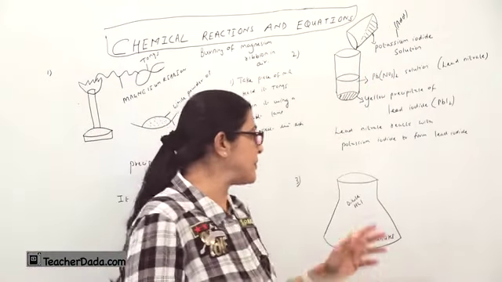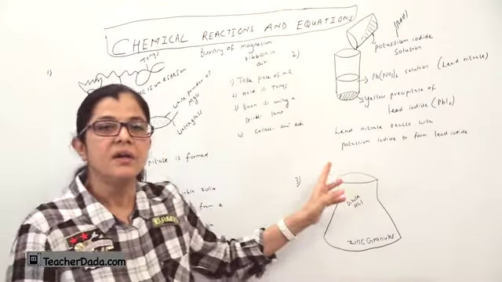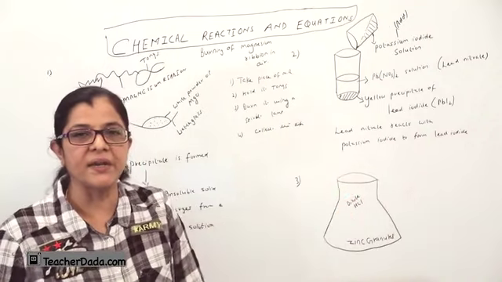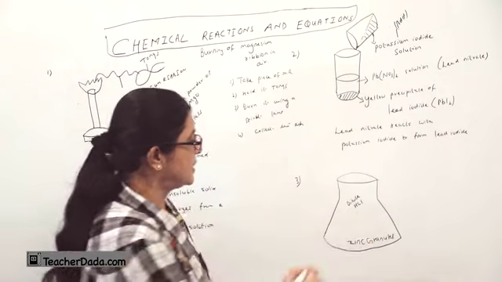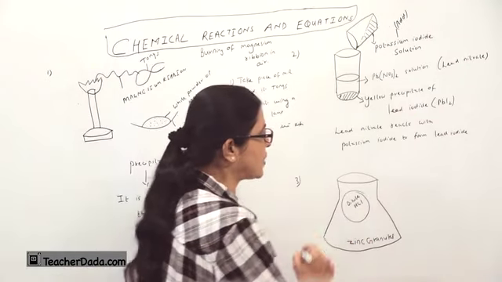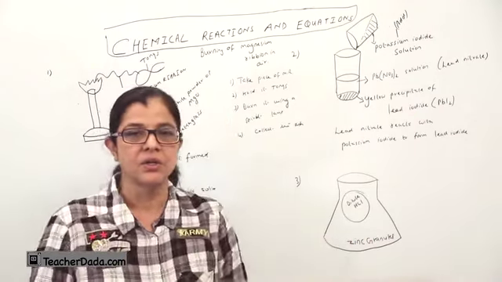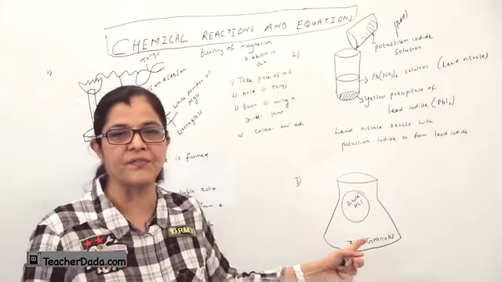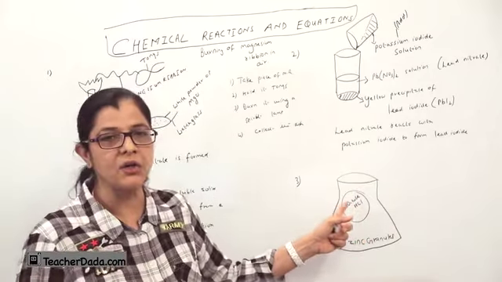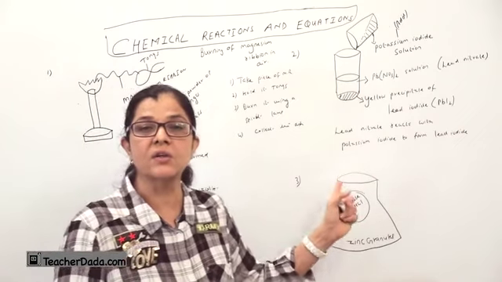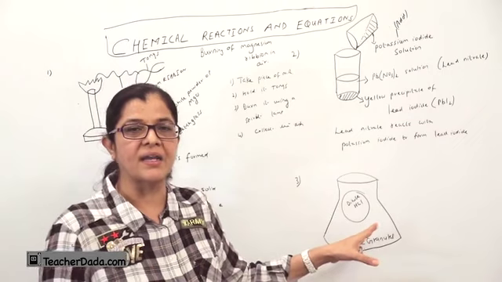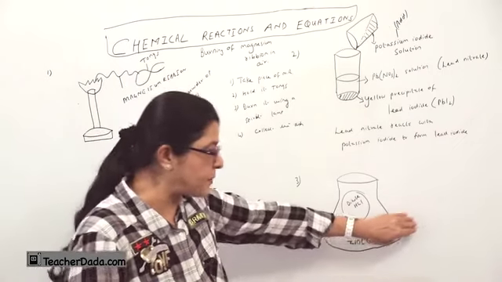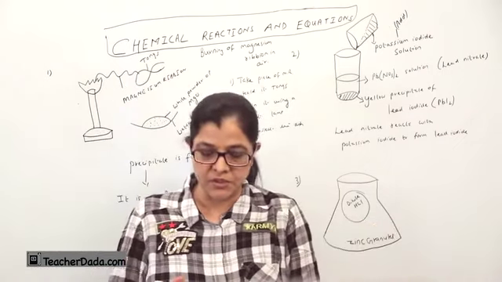Now the third experiment is to show the reaction between zinc granules and dilute hydrochloric acid. This is dilute HCl, hydrochloric acid, and zinc granules. You take a few granules in a conical flask, add dilute HCl or dilute sulfuric acid to it, touch the conical flask and observe the change in temperature. What will you observe?